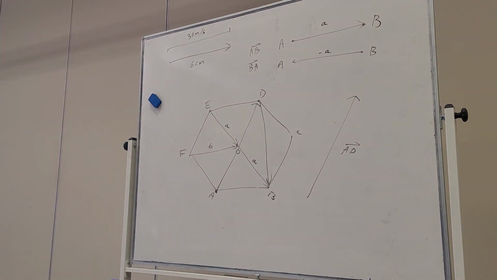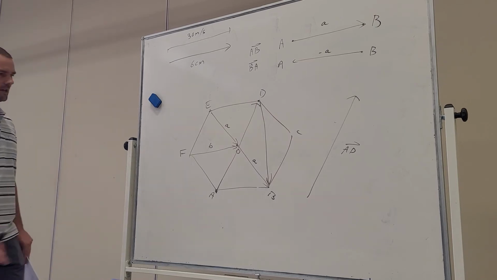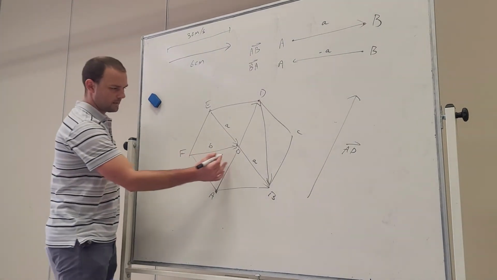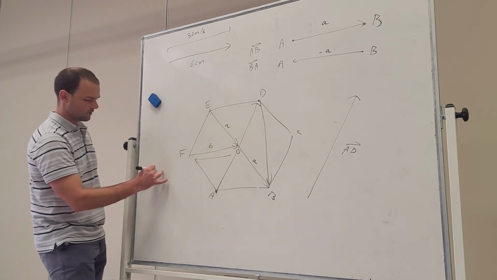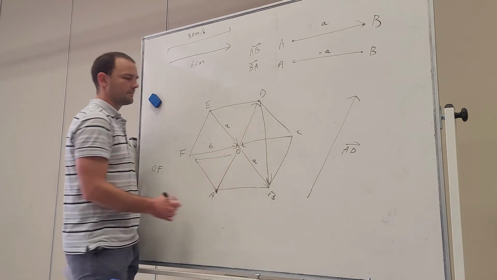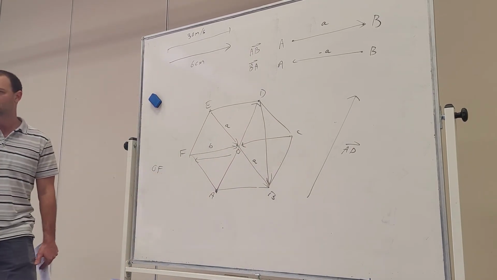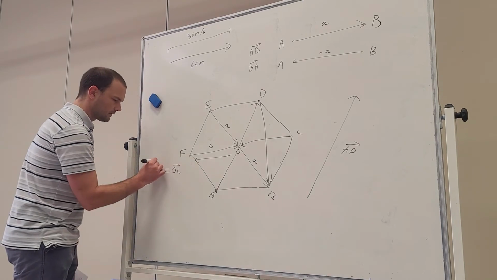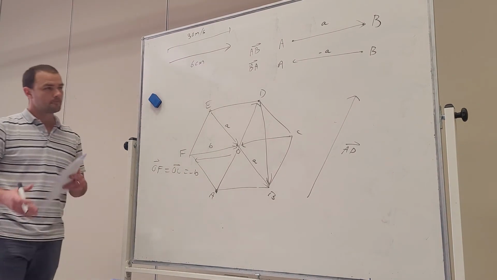Determine a vector that is negative to b. If this is vector b, well, negative to b could be OF. It could even be vector CO, because that's going to have the same size and same direction as negative b. So OF or OC is equal to negative b.